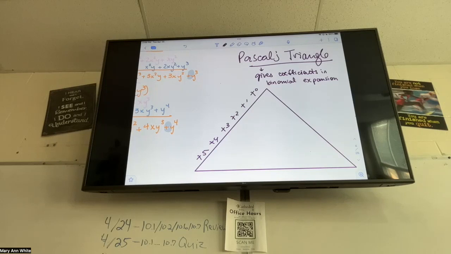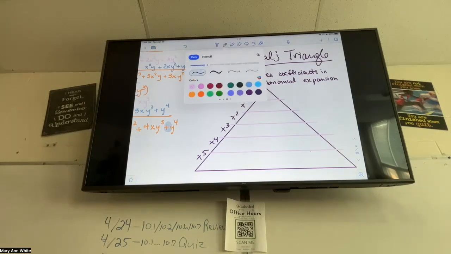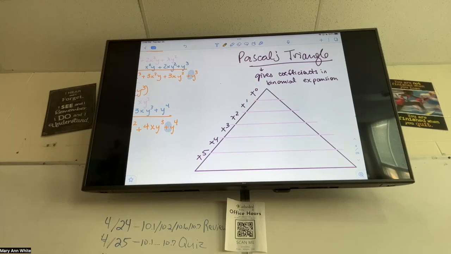Try to give us little lines to kind of keep it straight. Now, anything raised to the 0 power is just what? Anything to the 0 is 1.